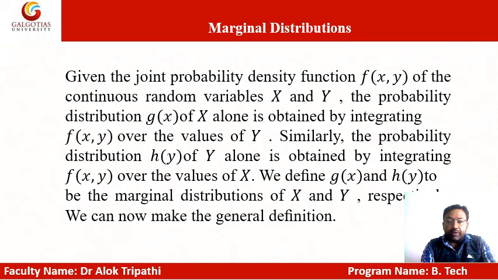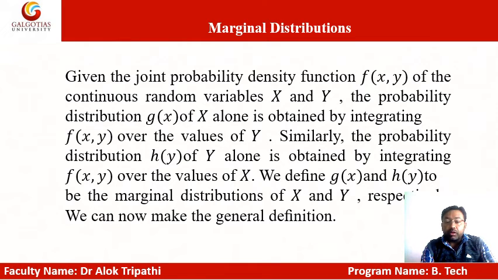Here we shall define marginal distributions. What are these? As we know, the joint probability density function f(x, y) gives the relationship between the random variables x and y. Now suppose we want to find the separate probability distributions for random variables x and y, then what will we do?